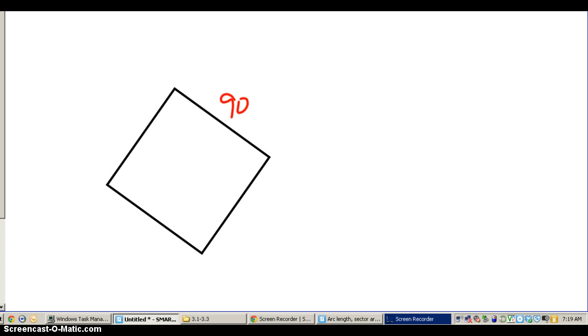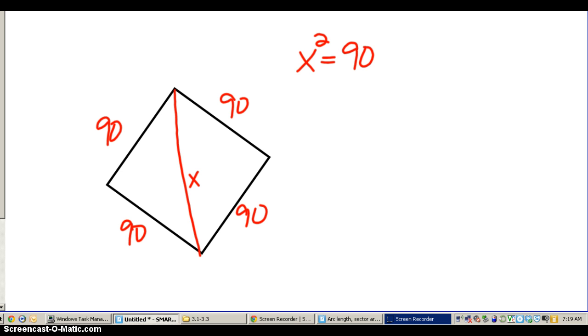All right, our baseball diamond gives us sides of 90. If we threw the ball from second base to home, we're finding the hypotenuse of the right triangle.